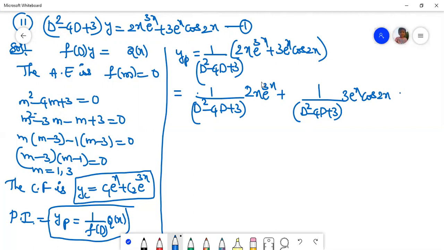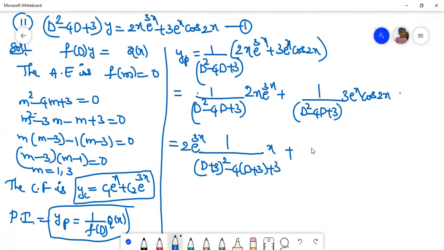Here 2 e power 3x, taking it to the left side, immediately D is replaced with D plus 3. Here D plus 3 whole square minus 4 into D plus 3 plus 3 into x. Again here also 3 e power x to the left side, immediately D is replaced with D plus 1. D plus 1 whole square minus 4 into D plus 1 plus 3, into the numerator cos 2x.